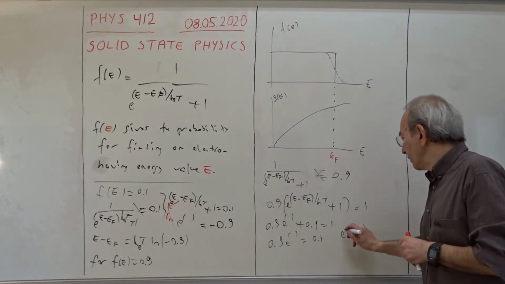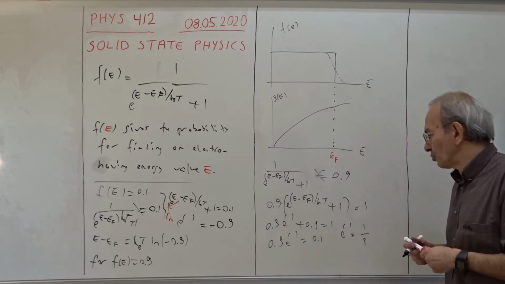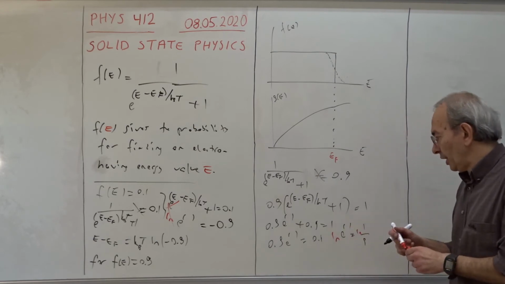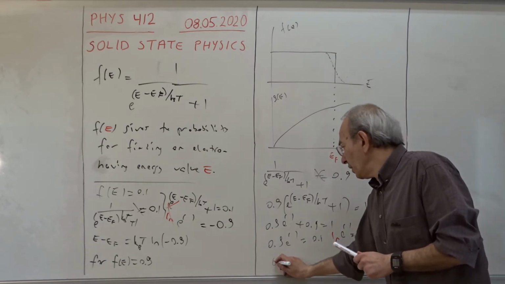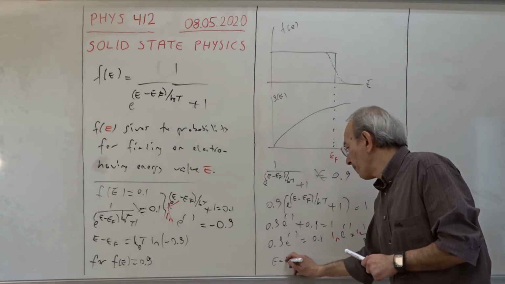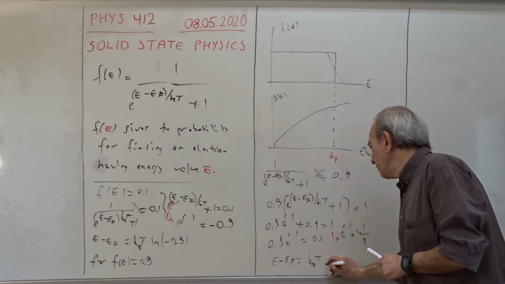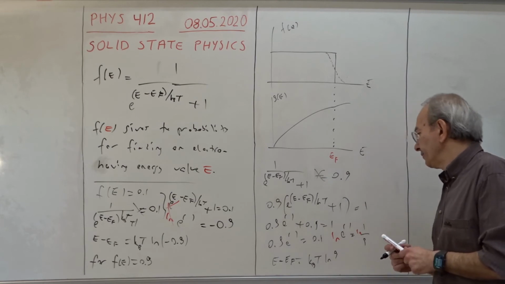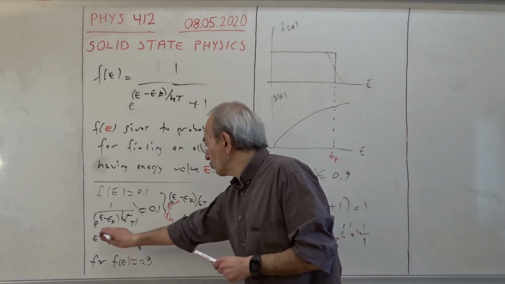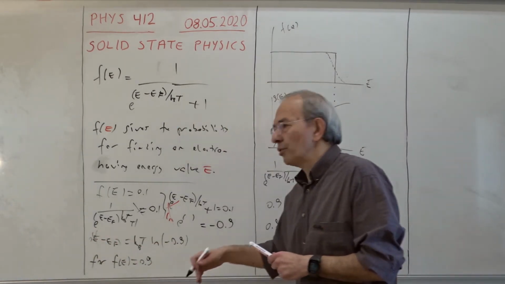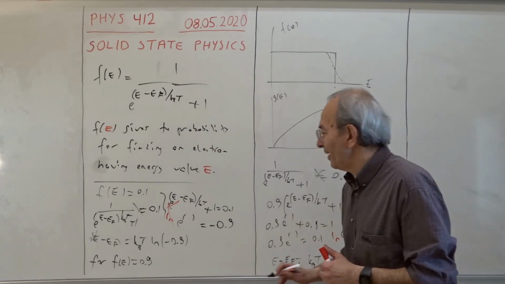Then take the ln of both sides, so ln of minus 9. So E minus EF now will be kBT times ln 9. Here I've forgotten to multiply this by 0.1, so there's a little error there.